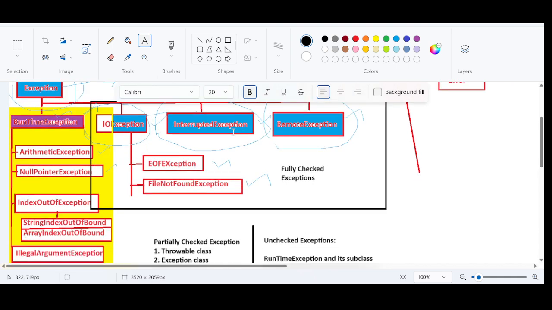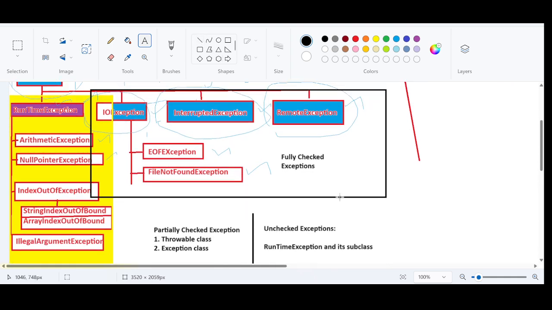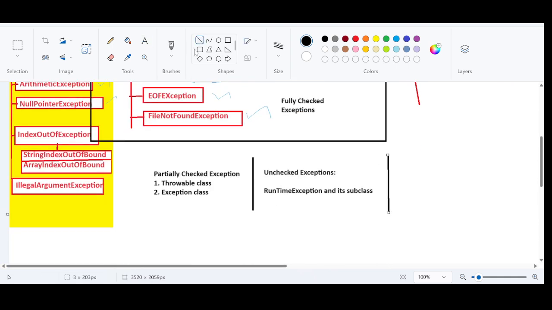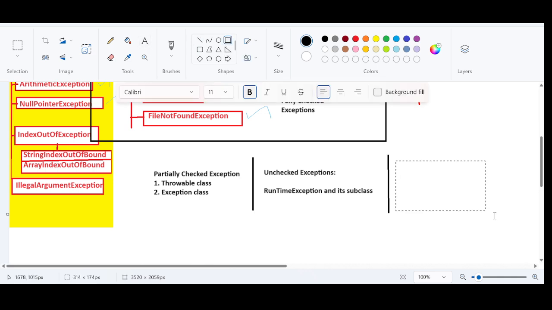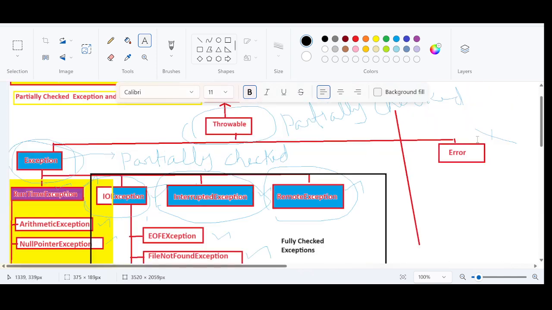And what about fully checked exceptions? Apart from Throwable and the Exception class, and excluding Error, because Error is not considered an exception, right?